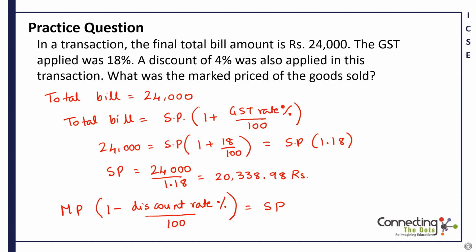And this is the equation we will use. The discount rate is 4%. So marked price into 1 minus 4 by 100 is equal to the selling price, and the selling price in this case we have computed is 20,338.98.